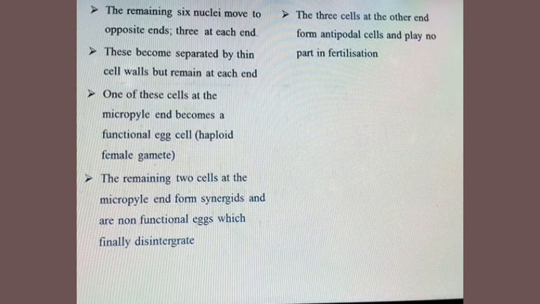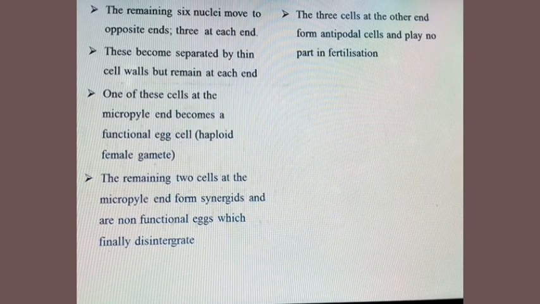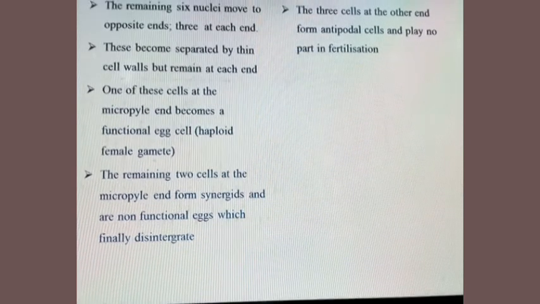So I would like to say that female organisms look to be more complicated than the male organisms, and the processes happening in female organisms are more complicated and longer than the processes happening in male organisms, as we have looked at in terms of formation of pollen grains and formation of ovules and the embryo sac.